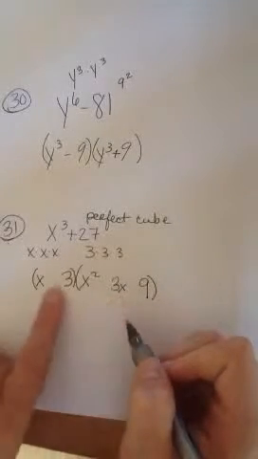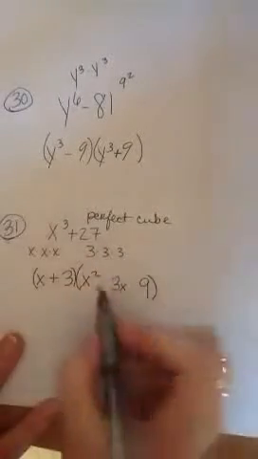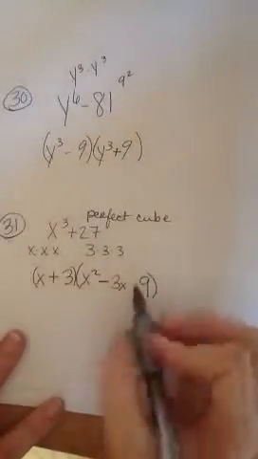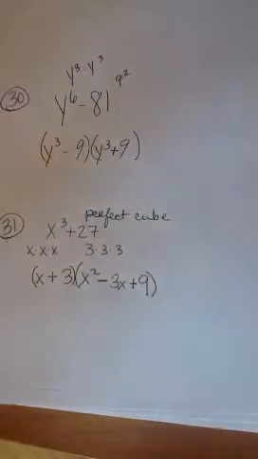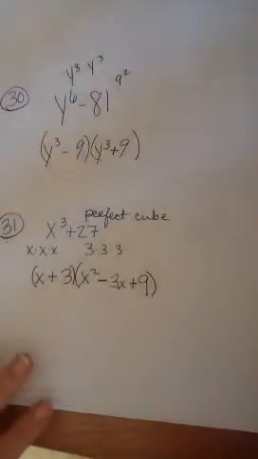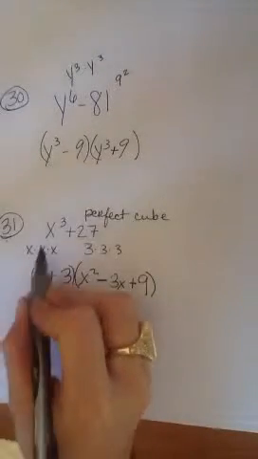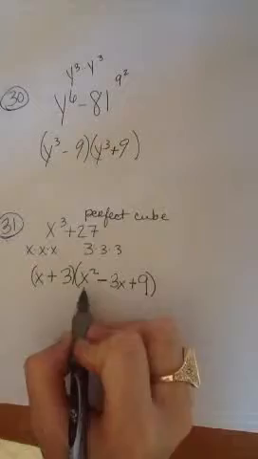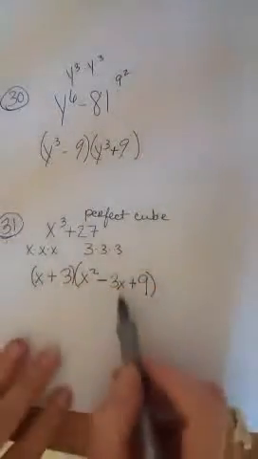So 3x, because those are my cubed roots. Same sign as in the beginning, opposite sign as in the beginning, always positive. So do not worry about the signs till the end. So this is your first cube root, and then you square it here. Your second cubed root is 3, and then you square it here at the end. Multiply in the middle.